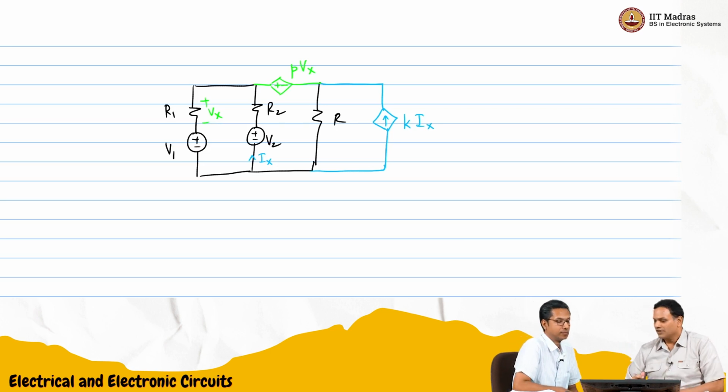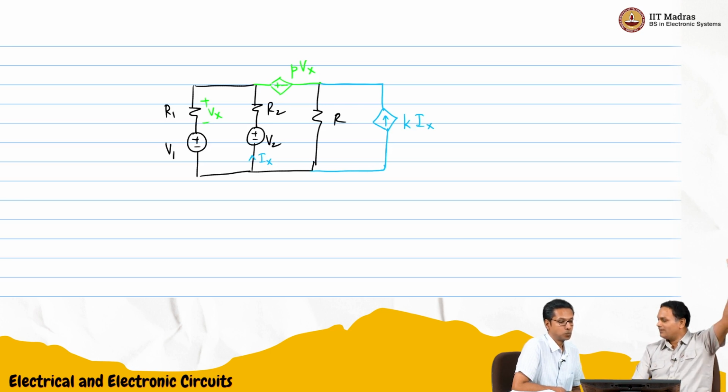So the controlled variable can depend on any other voltage or any other current inside the network. It can get very complicated very quickly. It is not obvious on seeing the network what the values of the currents and voltages are. In these cases, you really have to sit down and solve the equations very carefully.